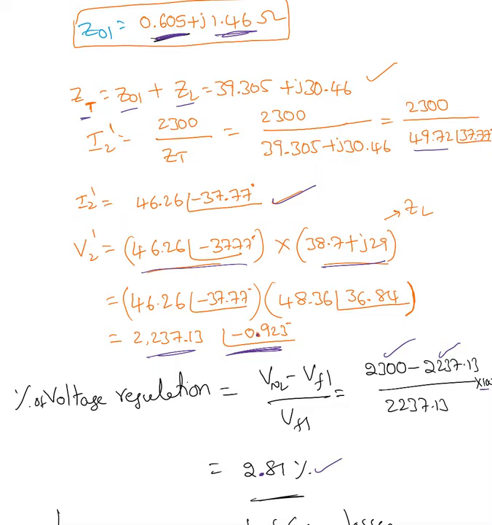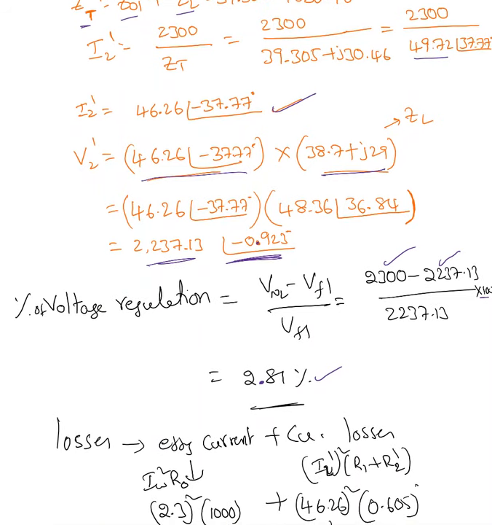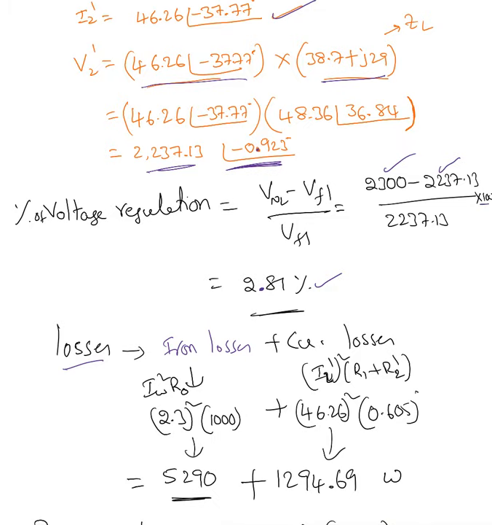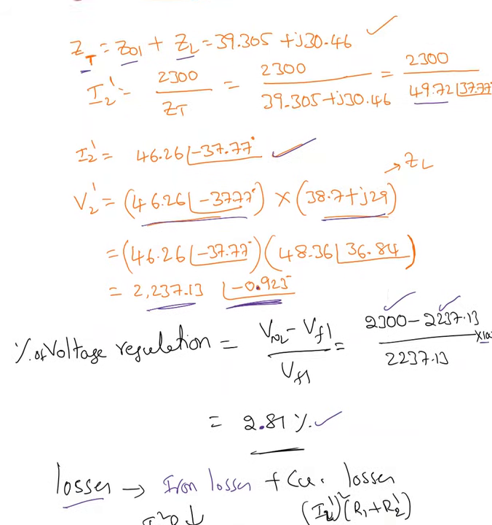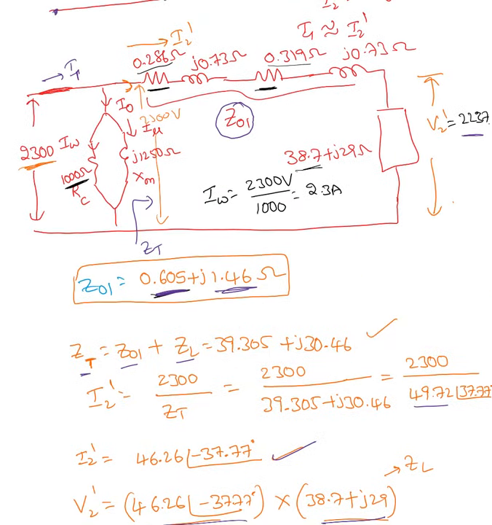Now we're going to find the losses. We have two kinds of losses: iron losses and copper losses. The iron losses we can find by using IW squared times R naught. Here IW is the current passing through this resistor, which represents the core resistance.